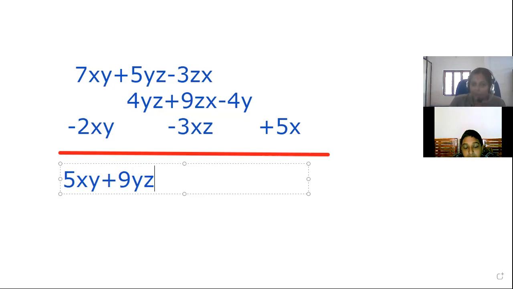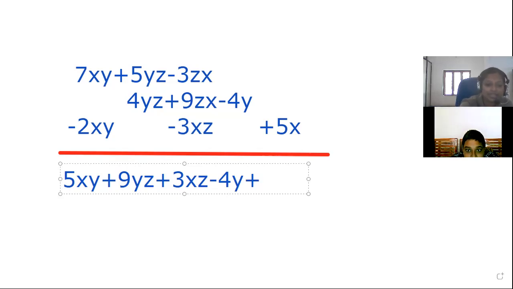Then what about xz? Minus 3 plus 9 minus 3. How many minus 3s are there? Two minus 3s gives minus 6. That is 9 minus 6 equal to plus 3. That is plus 3xz. And what about minus 4y? There is no other such term, so we place it as minus 4y.